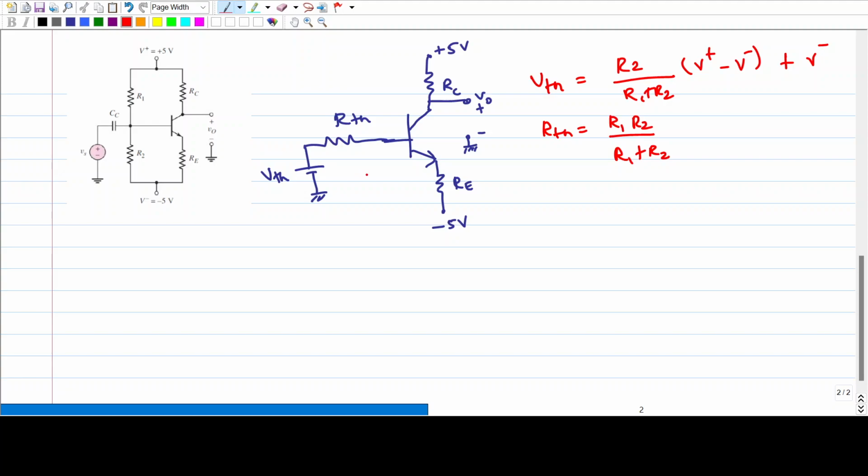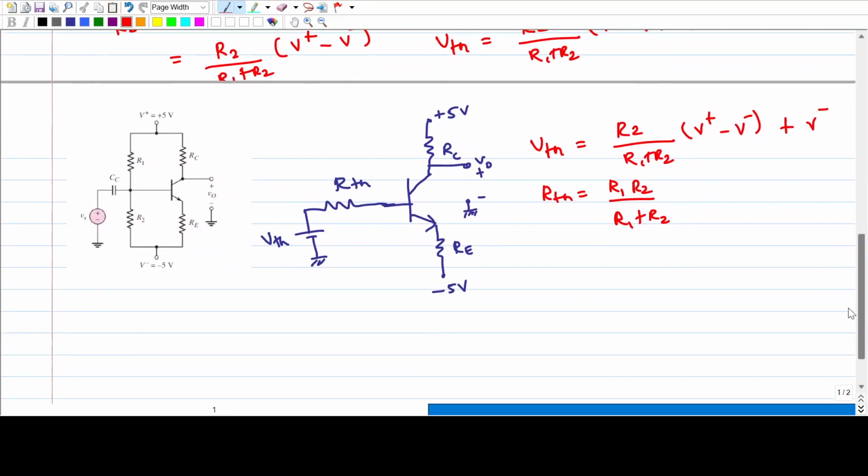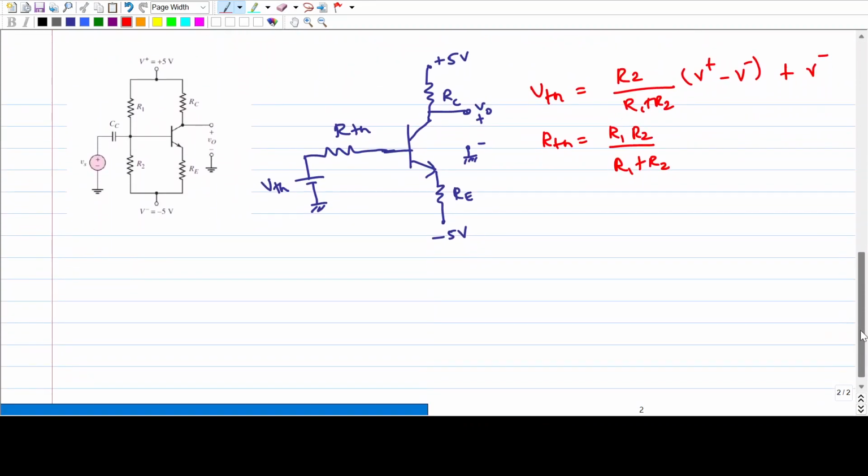Now the main thing we have to start. In the question it was mentioned that the output quiescent voltage is 0. You can see here, design a bias stable circuit such that the quiescent output voltage is 0, which means V naught, the quiescent output voltage at the Q point, is to be 0. So the direction of the collector current is this.